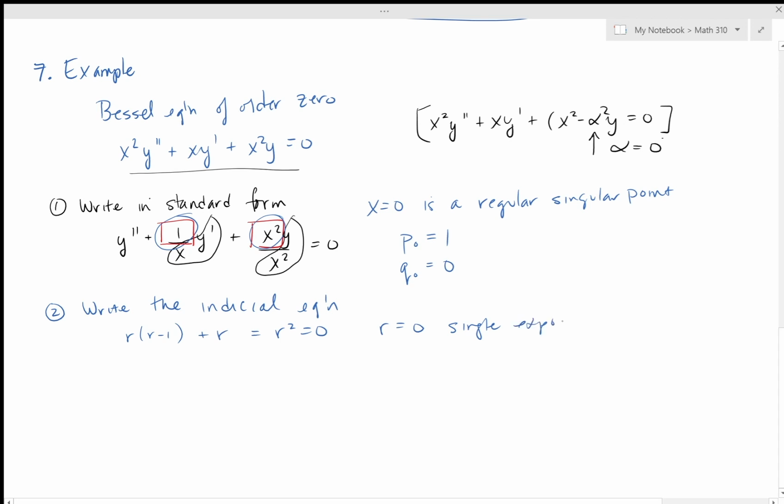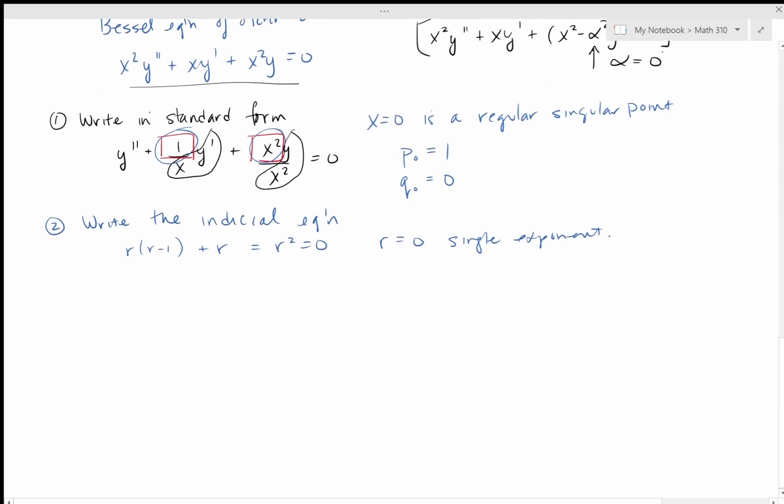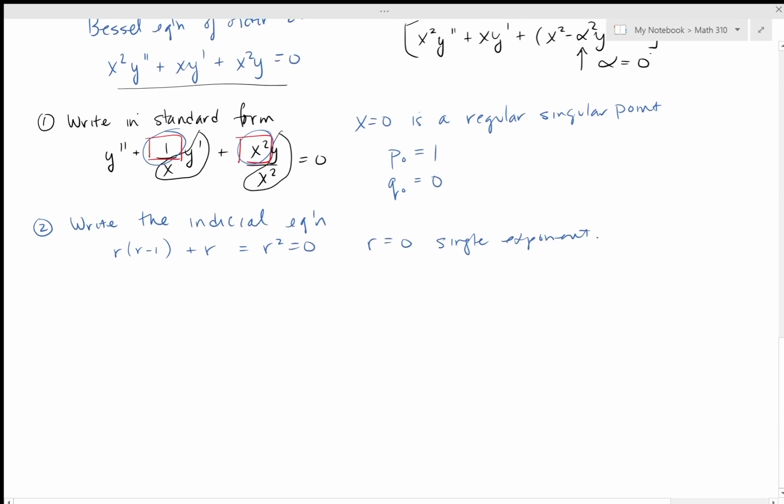And the fact that it is an integer means that my Frobenius series, in fact, is a regular power series. So let me just note that: the one Frobenius series is a regular power series.